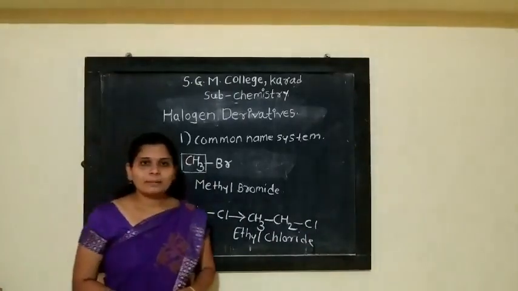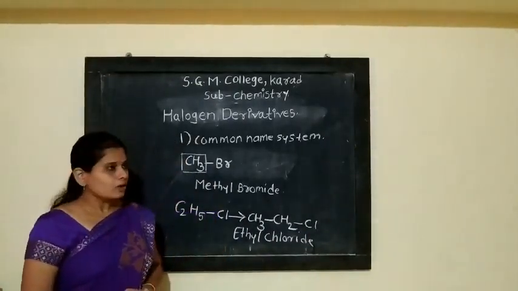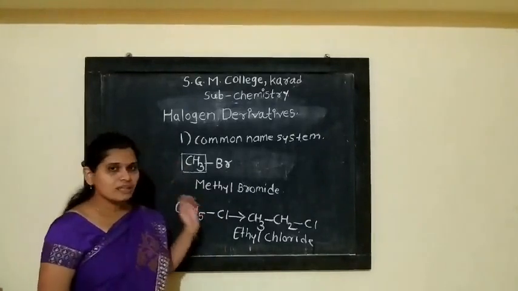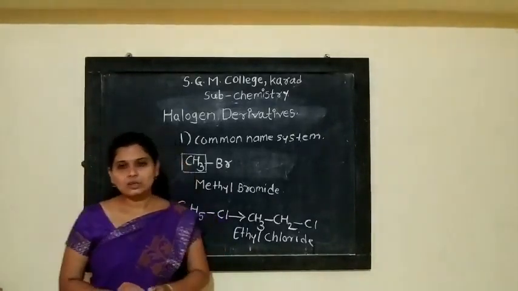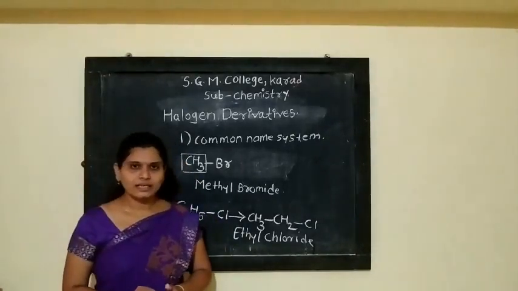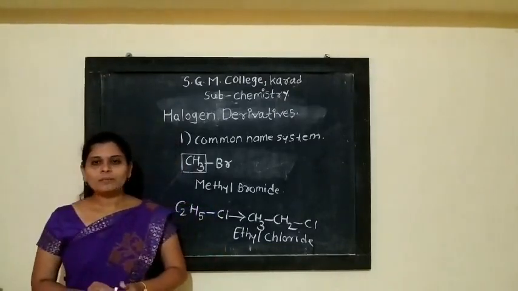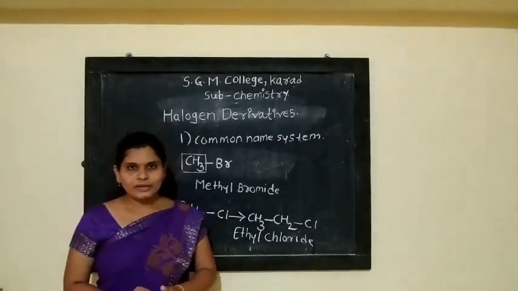When the number of carbon atoms is more than 3, we have to use the prefixes like n, iso, secondary, tertiary and neo. This is also a very important point for your competitive exam.